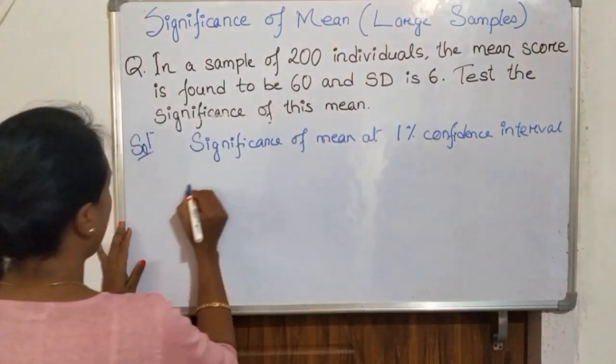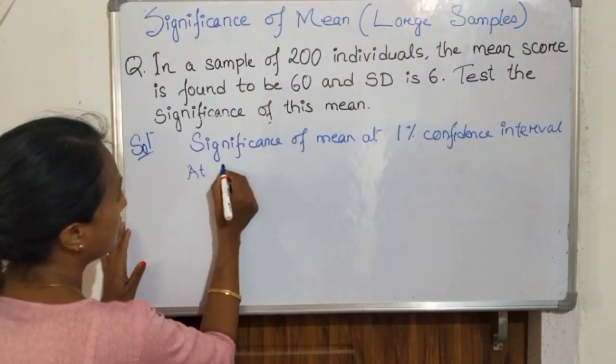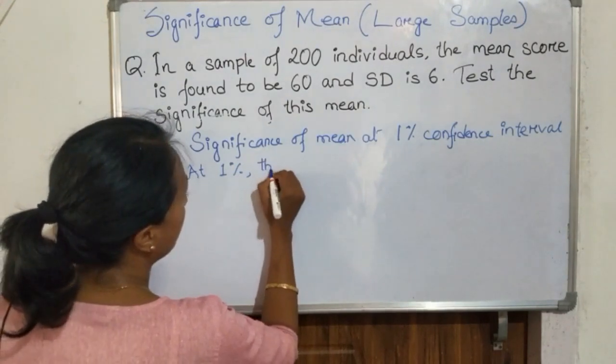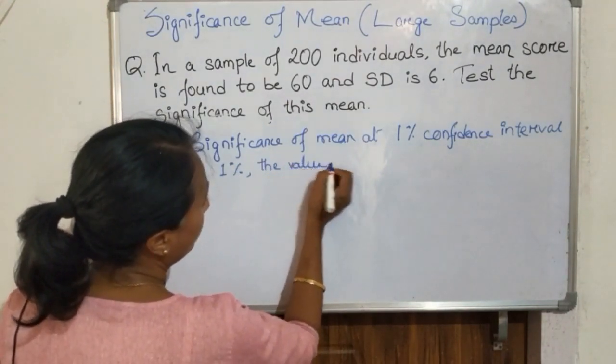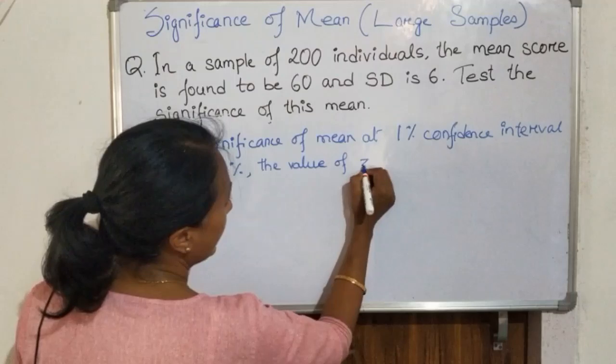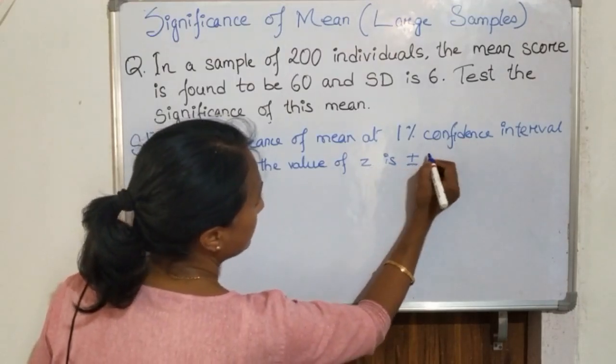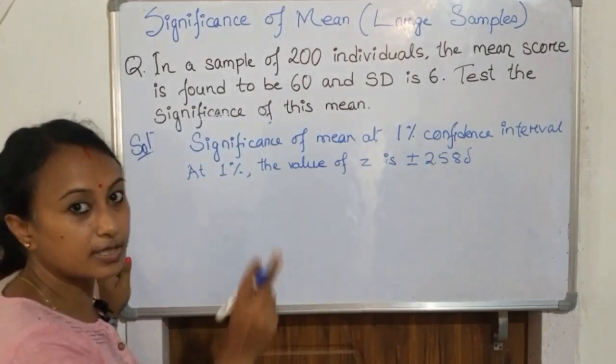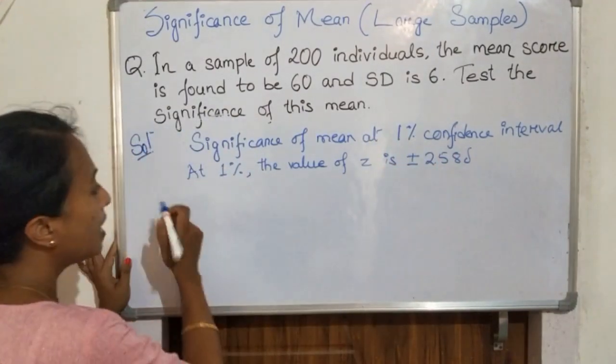At 1% the value of Z is plus minus 2.58 standard deviation. This you remember from the previous video again.